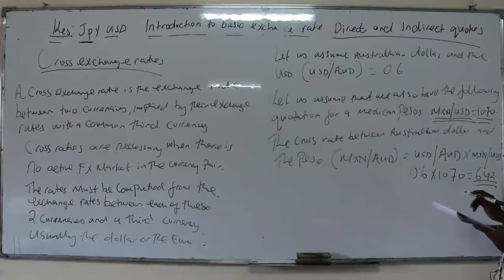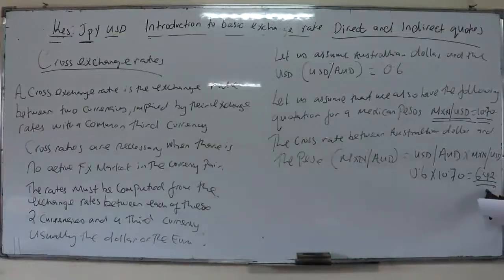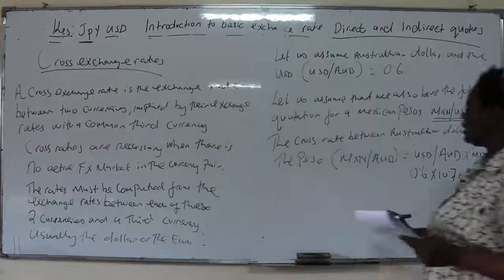So what can we say? That our Mexican Australian dollar cross rate is 6.42.